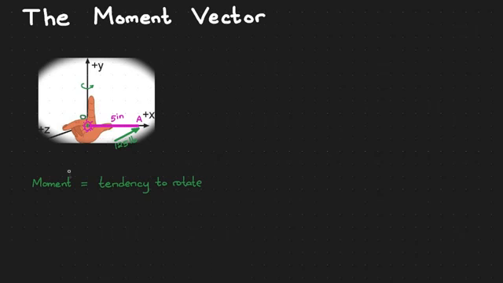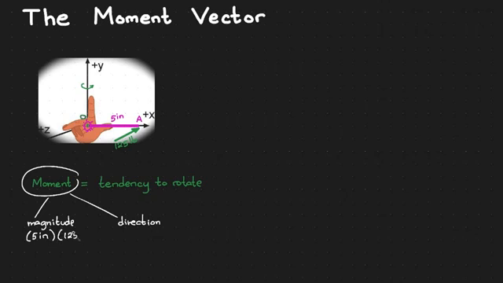There are two important elements in this definition. Number one is magnitude, and the second is direction. Well, what is the magnitude of the tendency of the force to rotate the 5-inch rod about point O? Since 5 inches is perpendicular to the force, isn't the magnitude just 5 inches times 125 pounds?